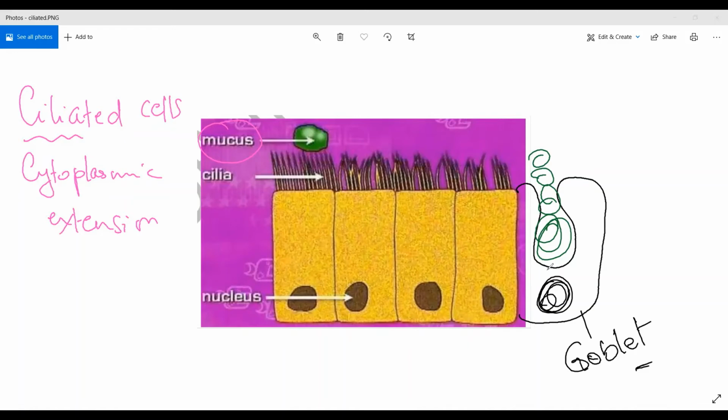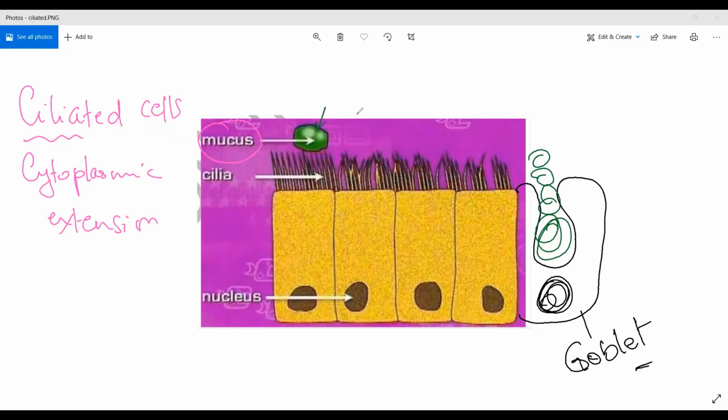Why? Because when we breathe in, or when we inspire, when we inhale, the nose contains hairs in order to trap dust, bacteria, whatever. These dust and bacteria may escape the nose, so they go through the trachea to be captured or trapped by this mucus.